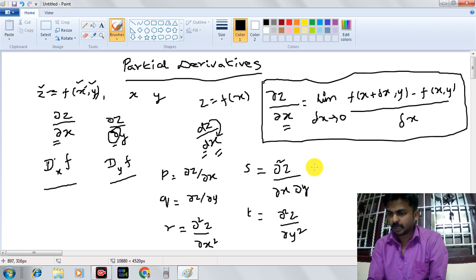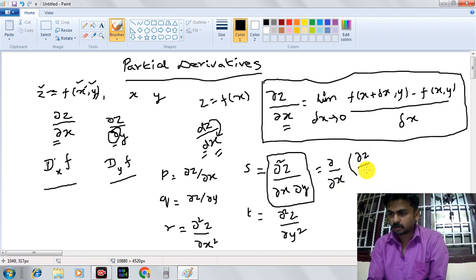Here the important thing is that we have to make a note of this. What does s mean? This means dou by dou x of dou z by dou y.